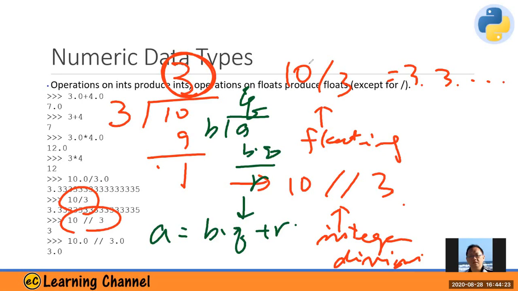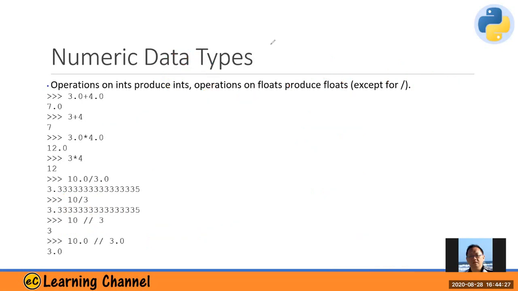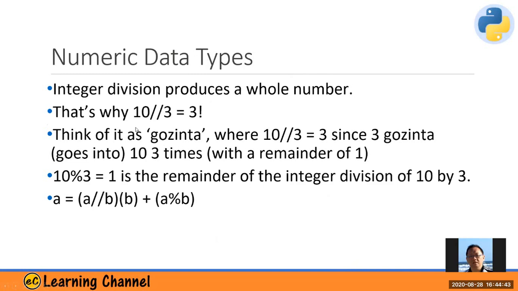So when are we going to use this one? Like when you are getting your change, you may need that, okay? So let's try to write a program right here.